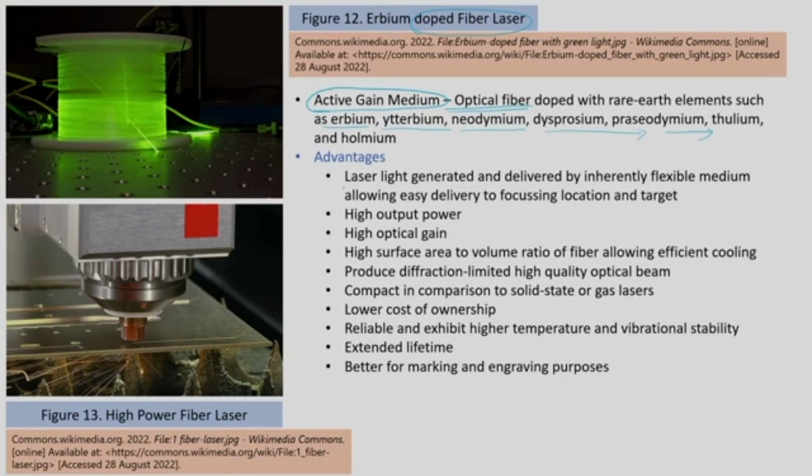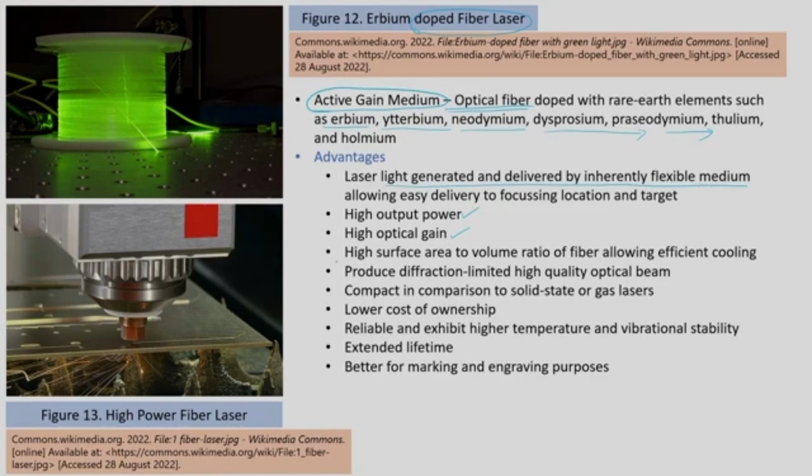What are the various advantages associated with this doped fiber laser? Laser light is generated and delivered by a flexible medium, and that is the advantage of fiber laser. The conveyance is very easy. Output is very high and we can have a good optical gain as well. The amplification is very high in fiber lasers.